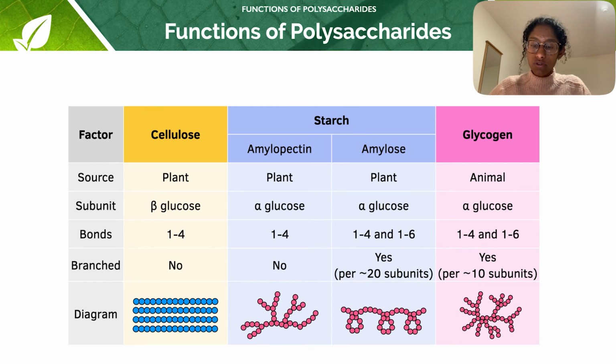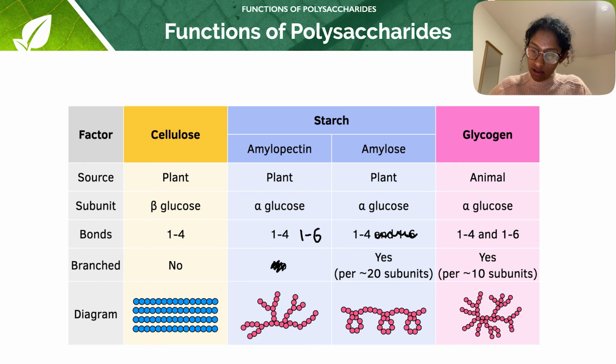Now, starch is formed from the polysaccharides amylopectin and amylose. They're both found in plants. They both have the same monosaccharide unit of alpha glucose. The difference is that amylopectin is branched. Sorry, this table is slightly wrong. So amylopectin is branched. So it has bonds at 1,4, carbon 1 and 4 position, and 1,6 position.